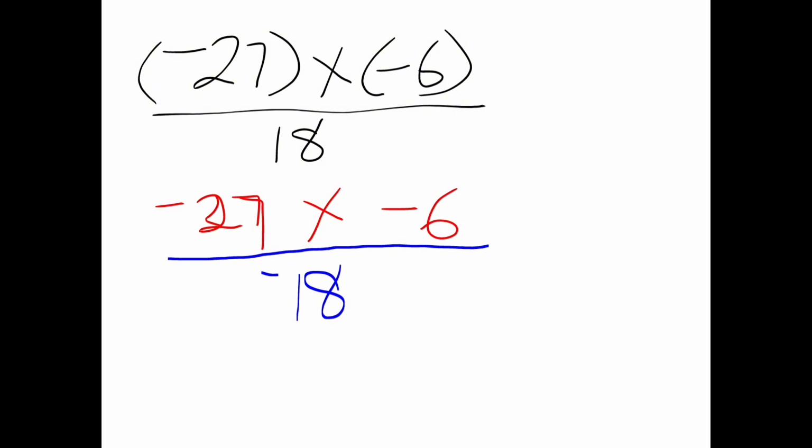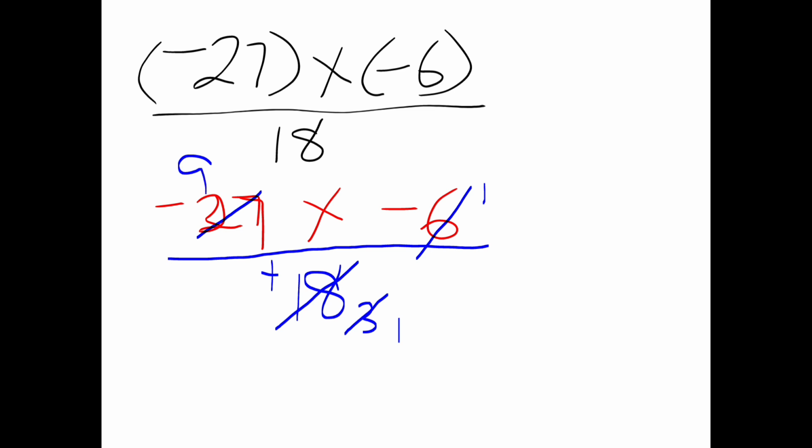So I can break this down to be what? 6, we divide 6 one time, and 6 we divide 18 how many times? 3 times, right? Very good. I can still go further and say 3 we divide 3 one time, and 3 we divide 27. Good, 9 times, right?